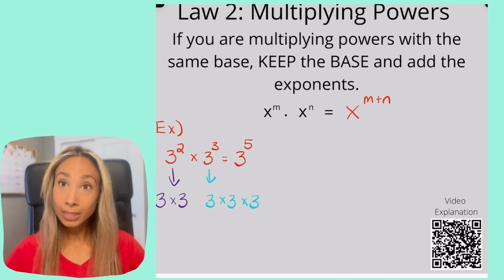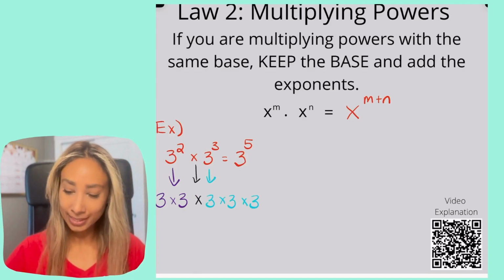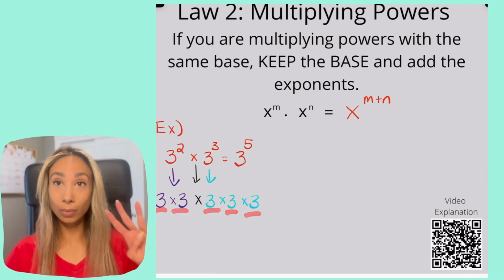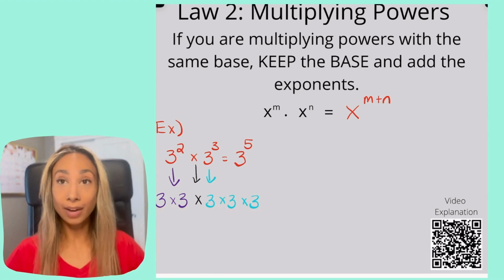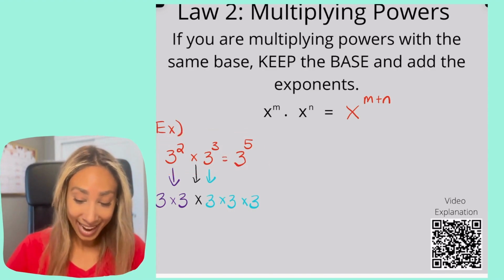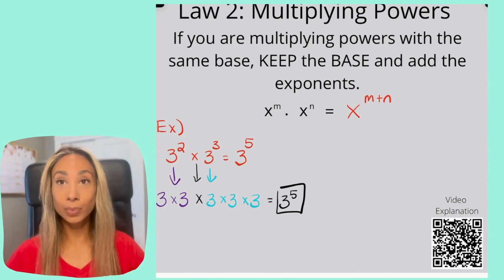Now remember, we're multiplying all of that, so I'm going to bring down this multiplication symbol here. So what's happening here? We've got a base that's consistent. It's going to be 3, and it's being repeated 5 times. So when I expand all of this out, what I'm actually going to get either way is 3 to the power of 5. So that is how we multiply exponents with the same base.